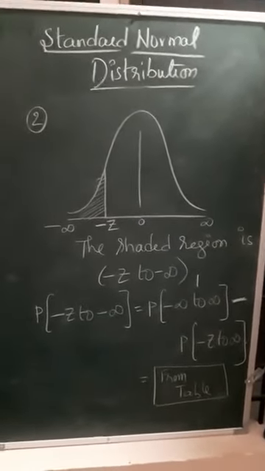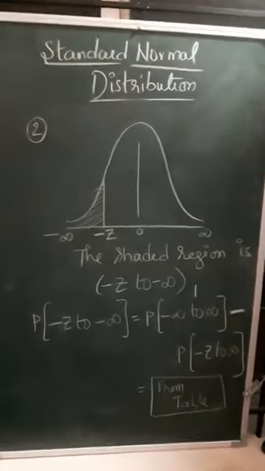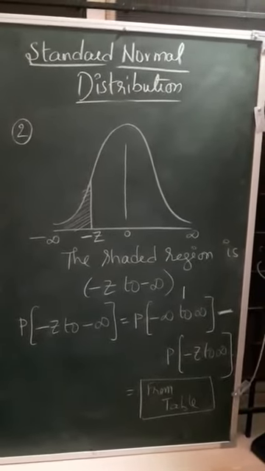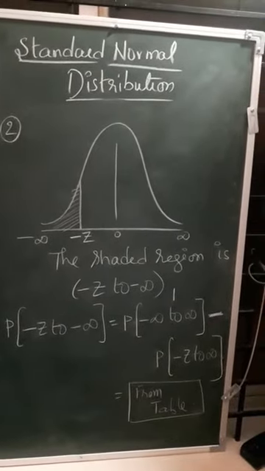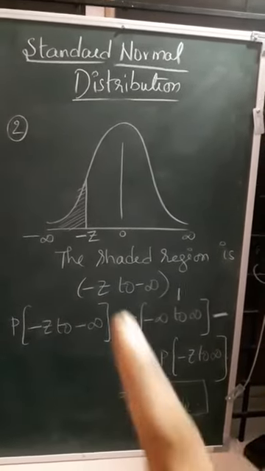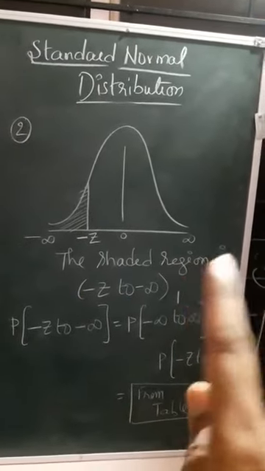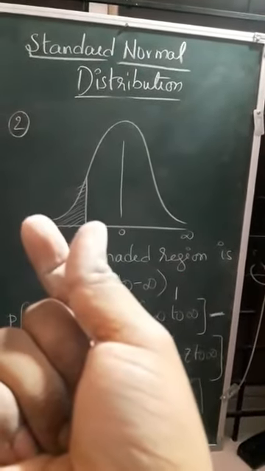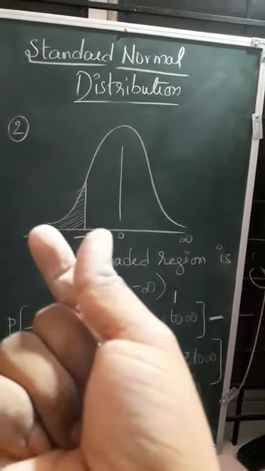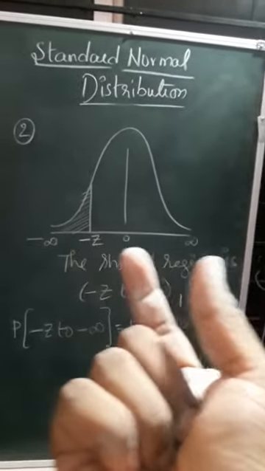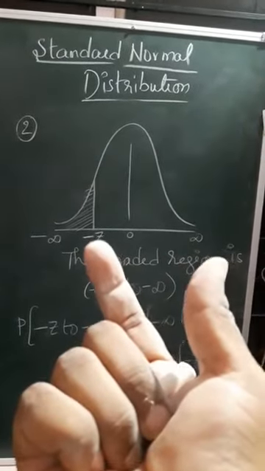So this is the second type of normal curve, and how to identify the values from the tables. Clear? So minus z to minus infinity we don't have. Always we have to calculate towards the positive infinity side. That is the reason, even though the shaded area is this one, this whole area we can remove, because minus z to infinity values we can easily identify.